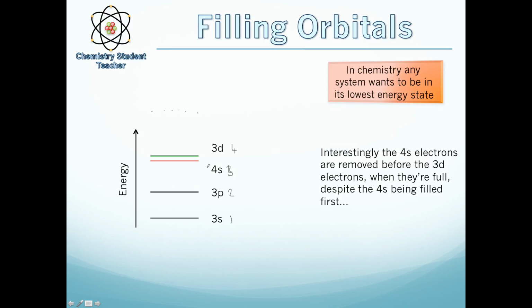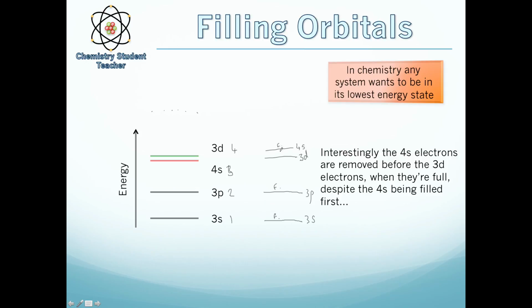Interestingly, if you were to remove an electron to create an ion, if you have the 4s full, and say you had 1 or 2 electrons in the 3d, you would actually remove an electron from the 4s first. If we put F for full, that's the 3s, that's the 3p, that's the 3d, and now the 4s is actually just above.